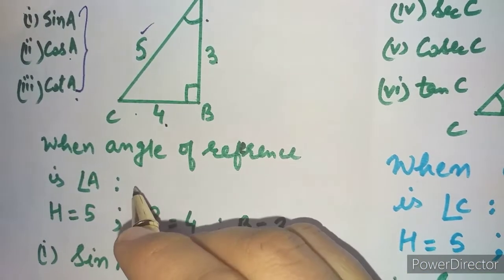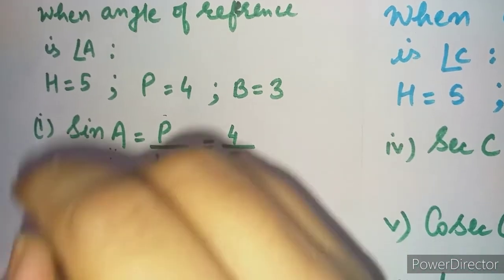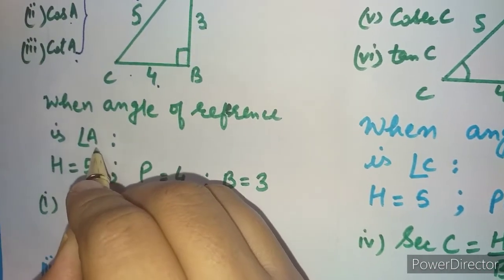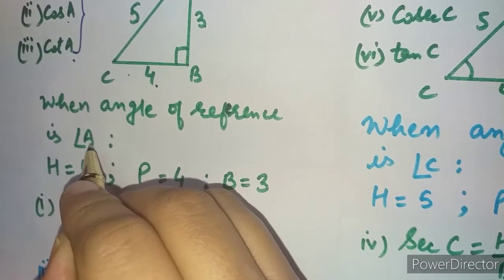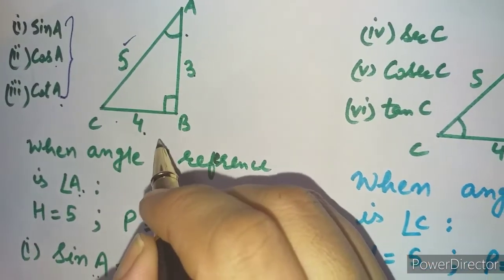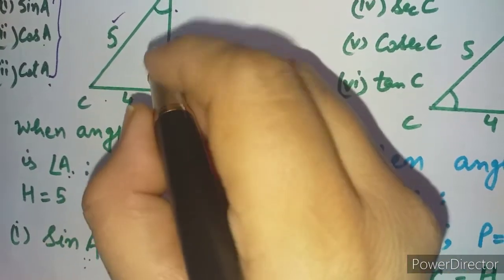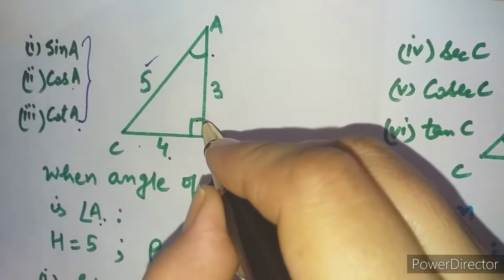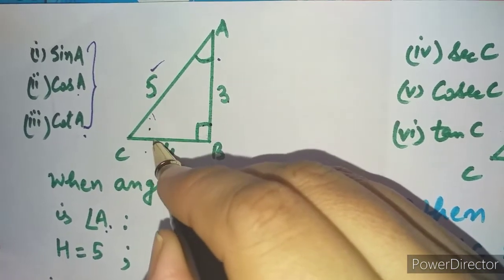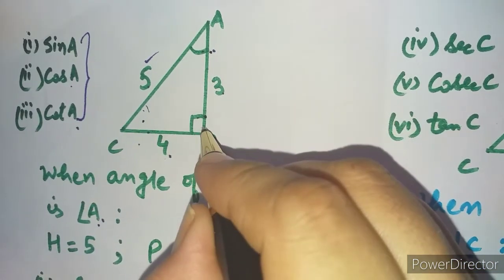Before we start with sin A, cos A or cot A, we have to see very clearly what our perpendicular and base will be when the angle of reference is angle A. Here I want to make one thing very clear. The right angle has not changed; the angle of reference may change, one time angle C, another time angle A, but the right angle is not going to change.